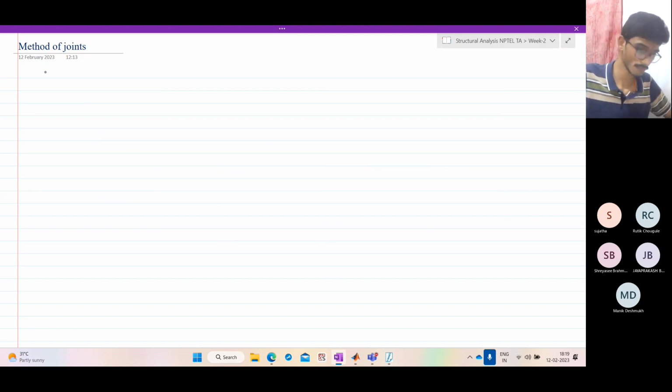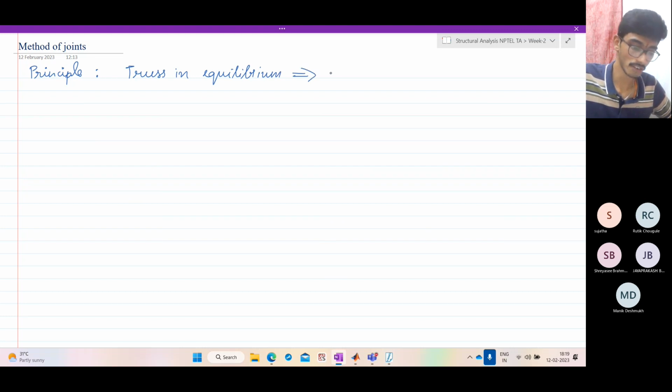What is the principle of this method? If a truss is in equilibrium, then all of its joints are in equilibrium.